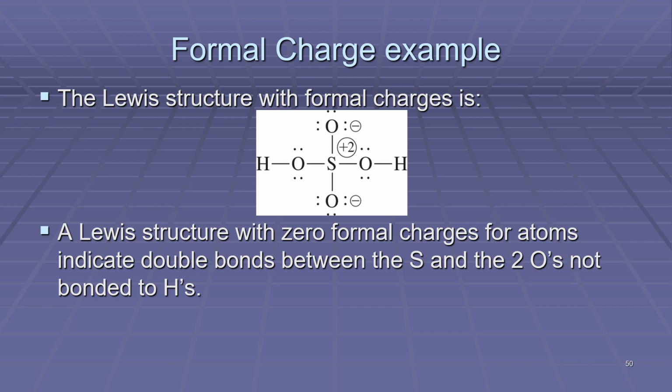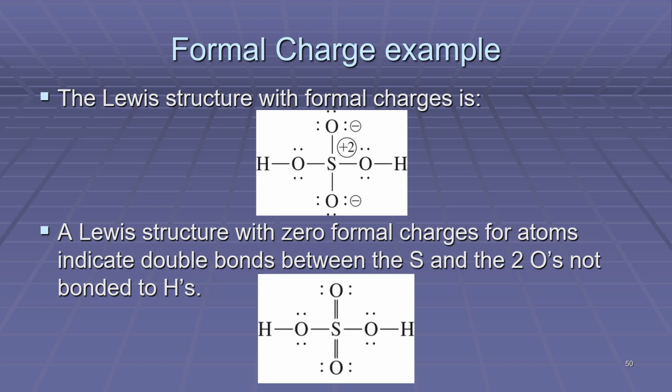So this is what it looks like with the formal charges. The 2 oxygens on the top and bottom are -1. The sulfur is a +2. So if we go ahead and make a double bond between each oxygen and a sulfur, we end up with this structure, and then what happens is all the formal charges are 0. And since sulfur is in the middle, it can have up to 12 electrons.